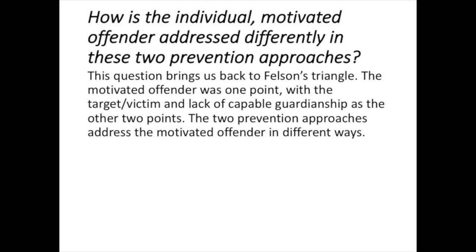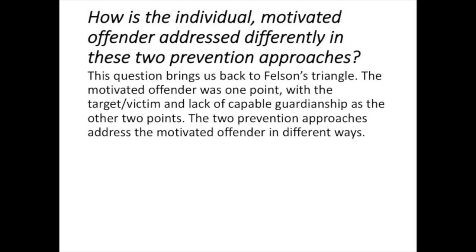The next question is, how is the individual motivated offender addressed differently in these two prevention approaches? Now, it helps to think back to Felson's crime triangle. Remember, the motivated offender was one point, the target or victim was the second point, and the capable guardianship or lack thereof was the third point.